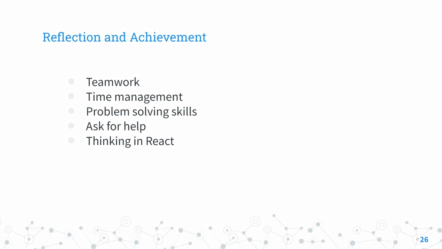At the same time, as developers, our basic capabilities have also improved because of this project. For example, the ability to find solutions, the ability to seek help from others, and we need to keep constantly curious about new knowledge. Of course, we also gained a deeper understanding of thinking in React.